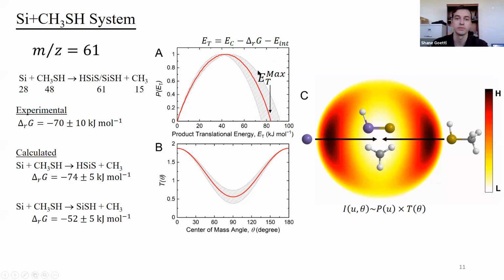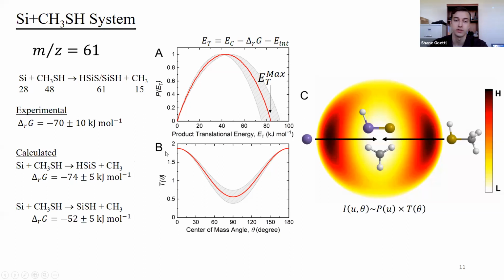However, at the maximum translational energy, we'll have no internal excitation of our products. And so using this value, we can then recover a reaction energy, in this case, negative 70 kilojoules per mole. And after comparing it to calculated values for this reaction, we can see that the energy matches the HSIS isomer.